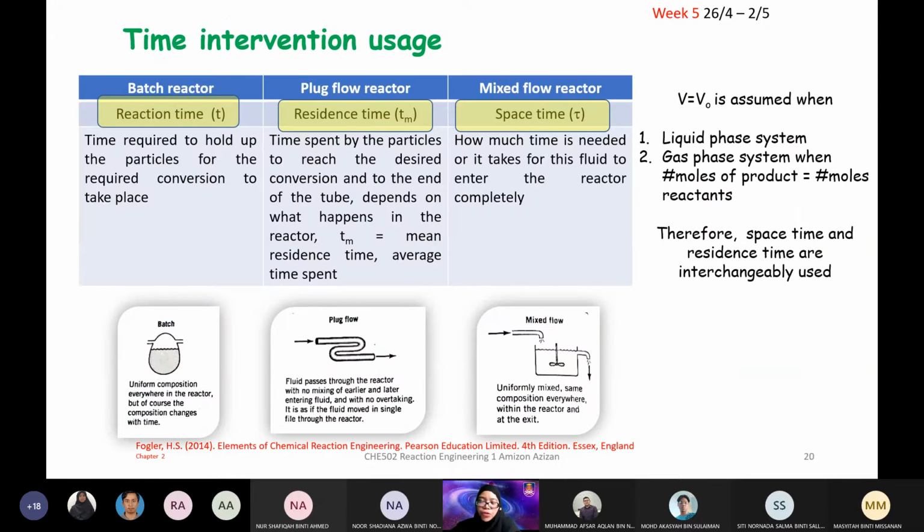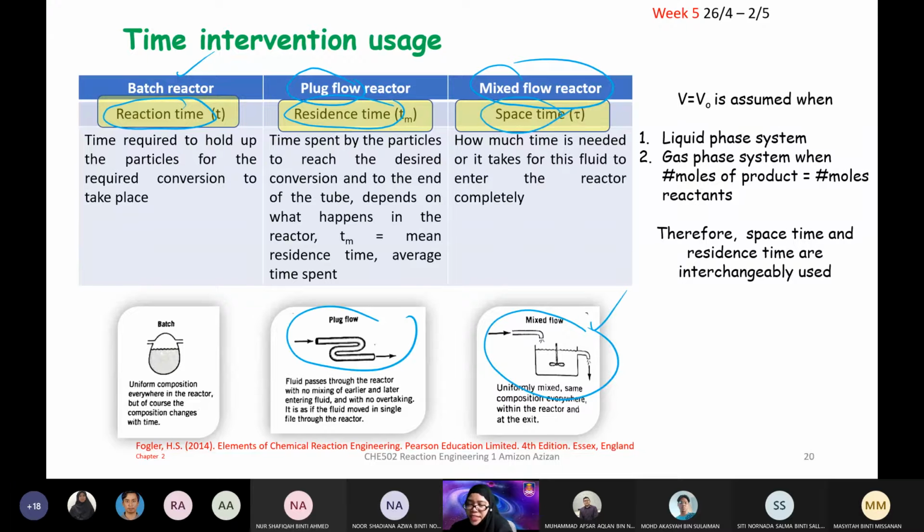But then we also have other names for time. For a batch reactor, we use reaction time; for the plug flow reactor, residence time; for the mixed flow reactor, space time. So this is the mixed flow reactor, this is the plug flow reactor, and batch is reaction time.